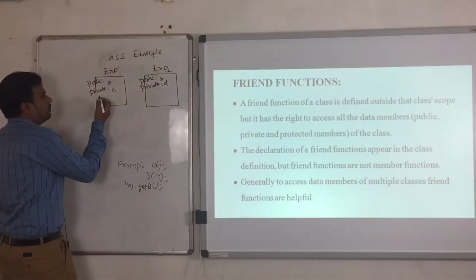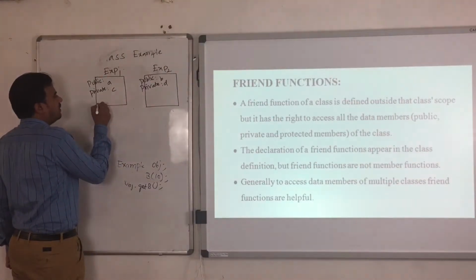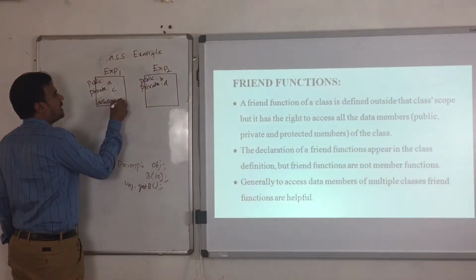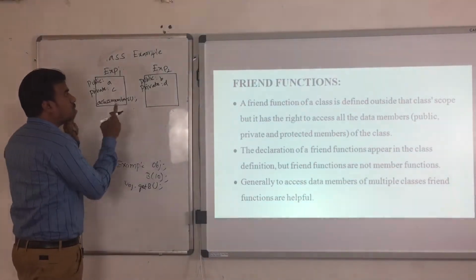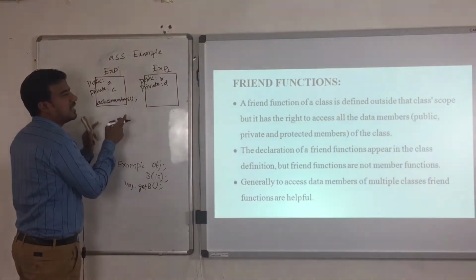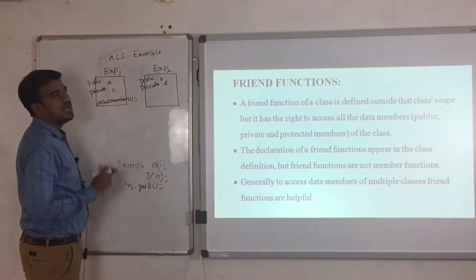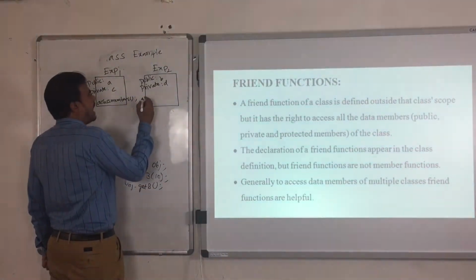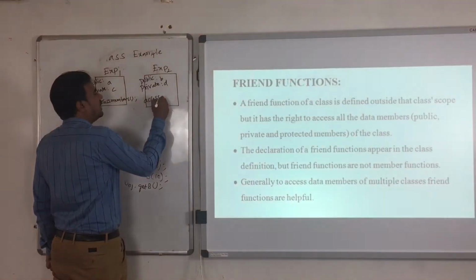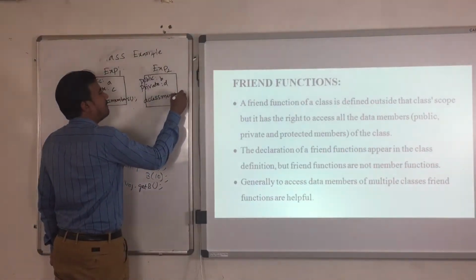What we do, we'll put one function with the name access members, and as it is a friend function to both the classes, we have to do the declaration with the same name in both the classes. So here you have to declare access members, and here also you have to declare access members.